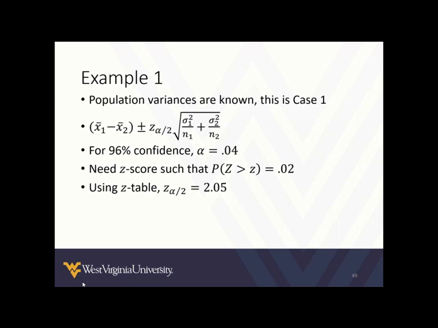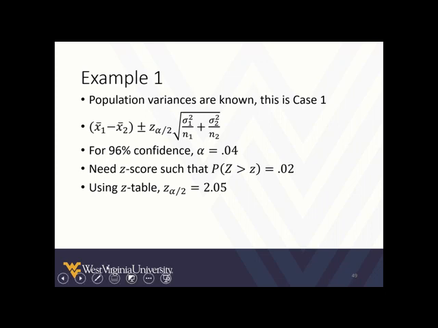And so we will need a z-score such that the probability of z greater than z is equal to 0.02. And so using our z-table, that's going to mean that our z alpha over 2 is equal to 2.05. So let's take a moment and just double check that value.